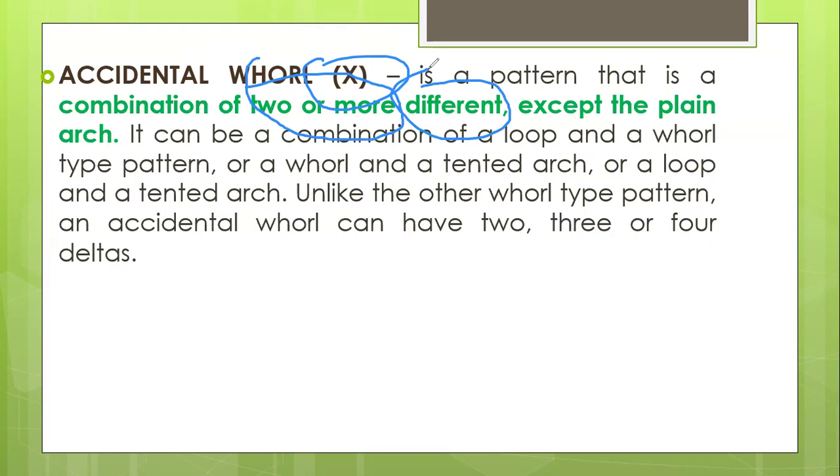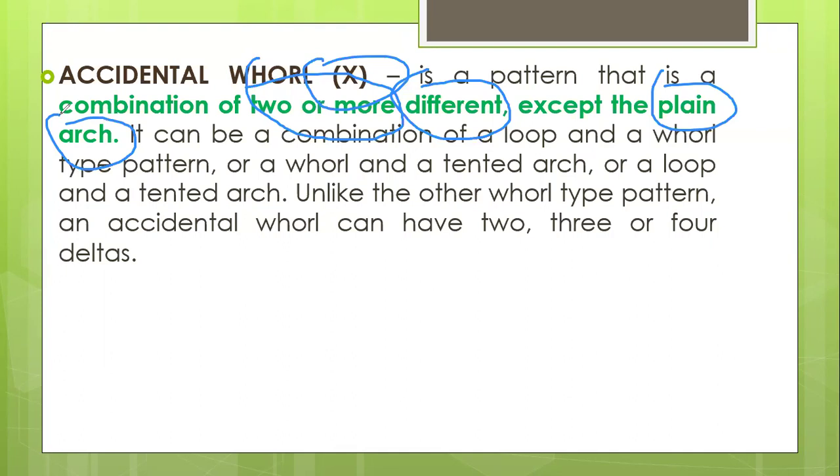Meaning, it is a combination of two patterns. Except if there is a combination with a plain arch, it will not be considered an accidental whorl. Any of the other patterns that may combine is considered an accidental whorl.